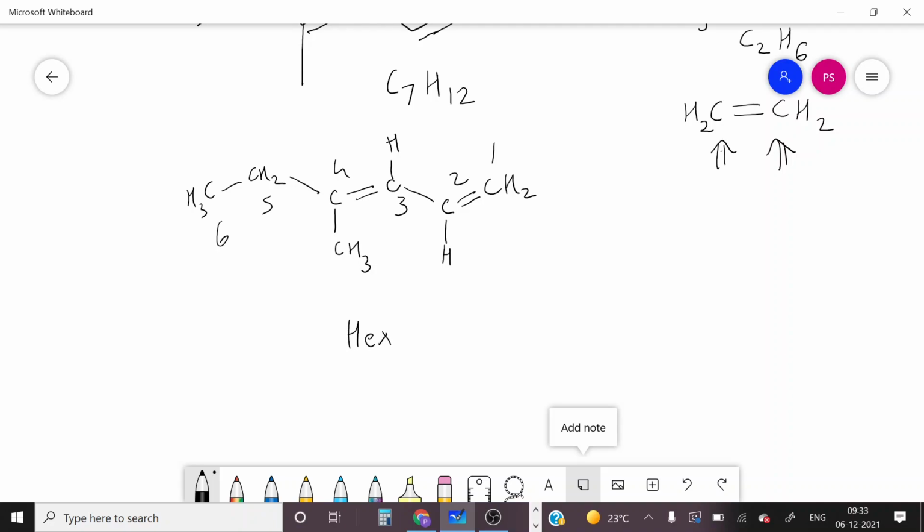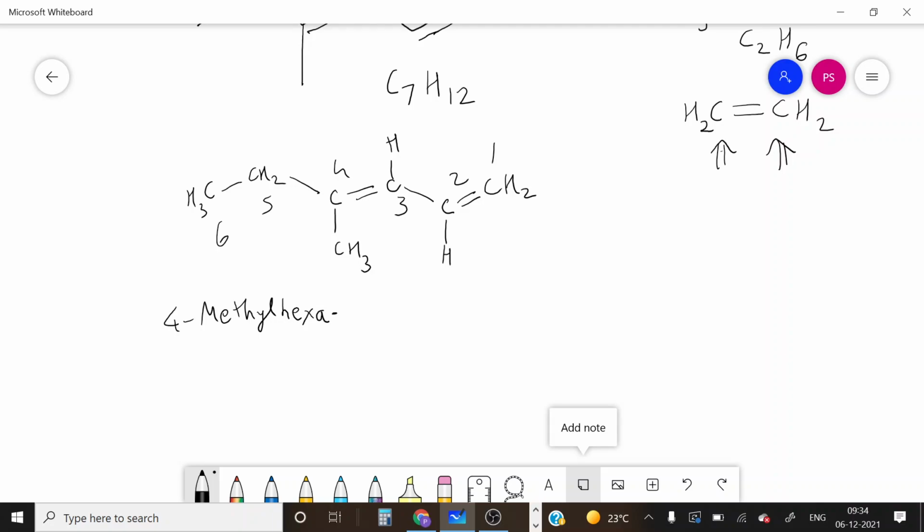Okay, so what is the rule while writing the nomenclature? You have to first write the substituent. What is the position of the substituent? Fourth position. So I am going to write 4-methyl. The root word is hex, but here the carbon carbon double bond is repeated, so I have to write hexa-.